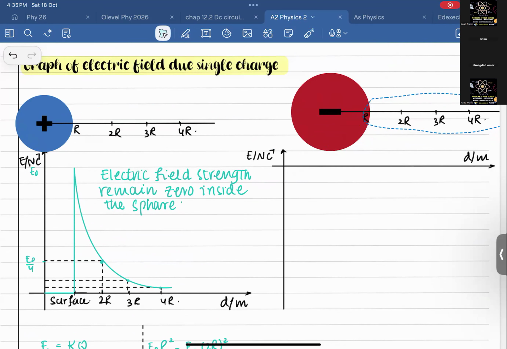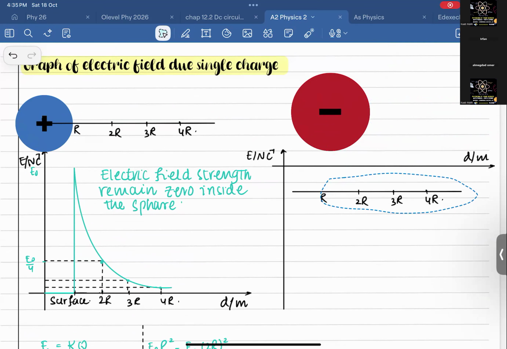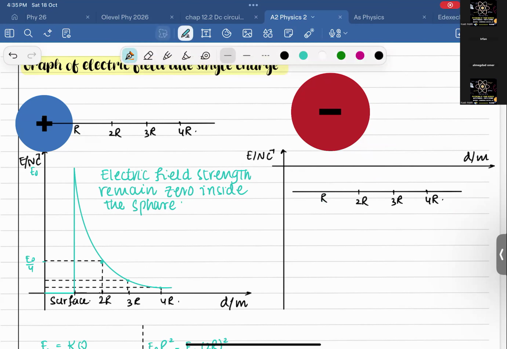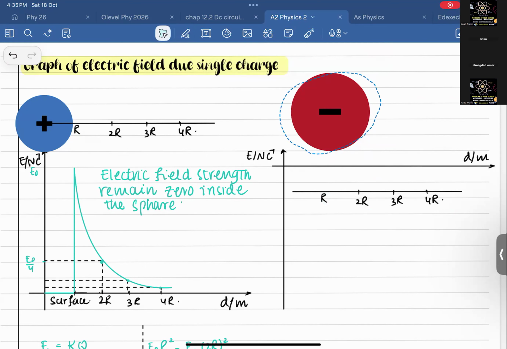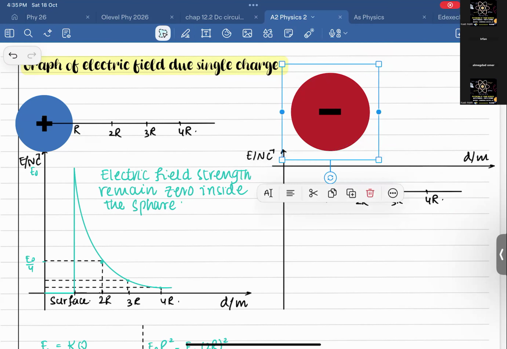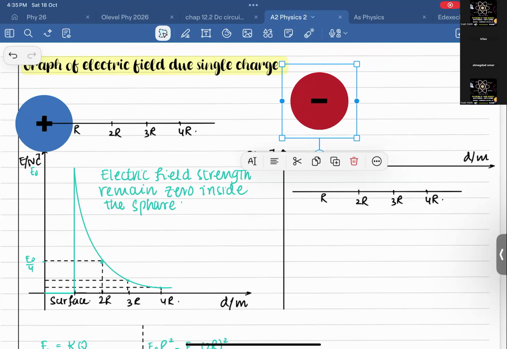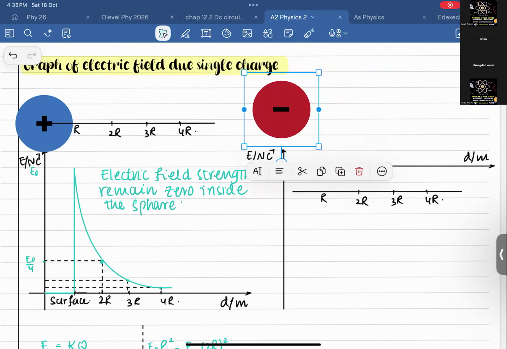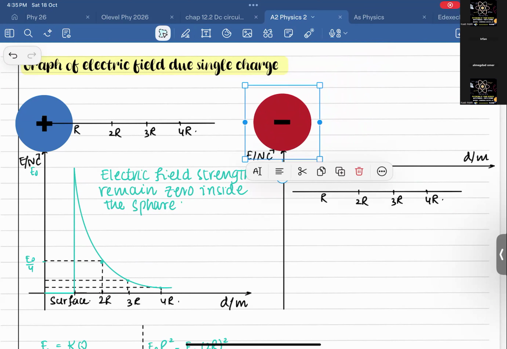These are basically the distances we are taking.